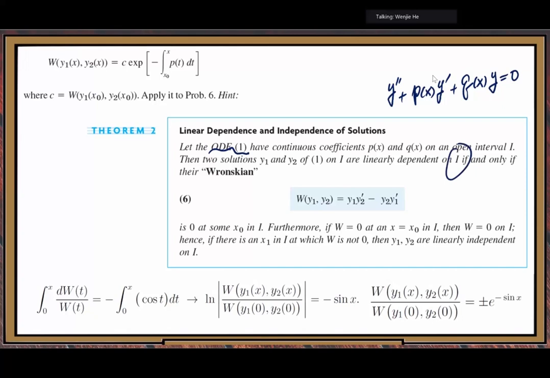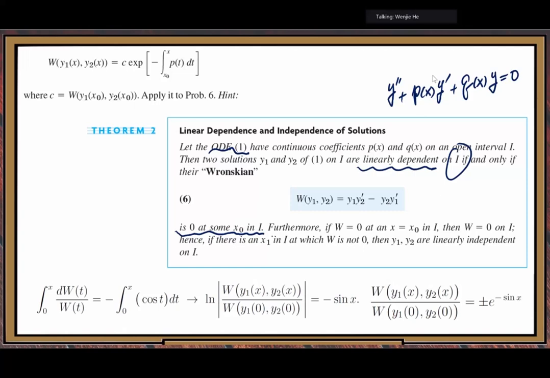We are working on some interval I. Then the functions are linearly dependent if and only if this Wronskian is 0 at some point x0 in I. At some point, 1 point is enough. If this Wronskian takes 0 at 1 point of that I, then the whole Wronskian is 0.